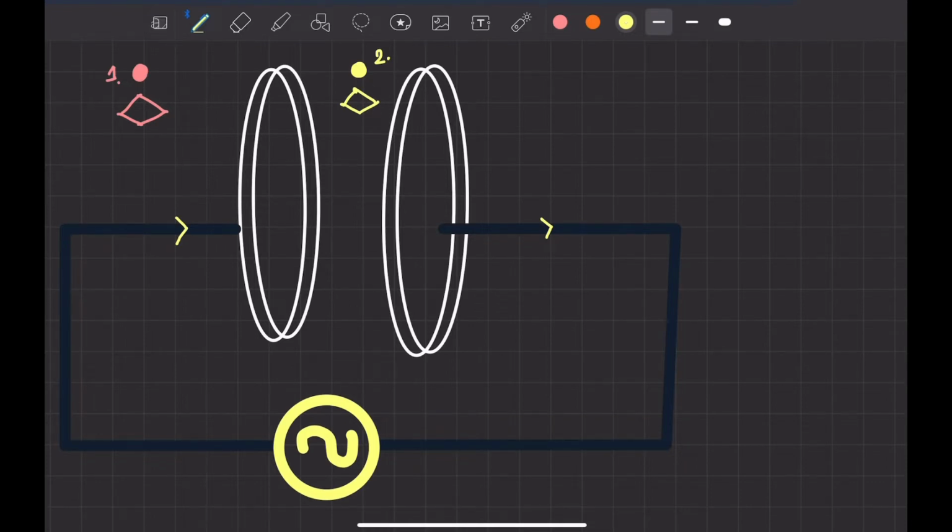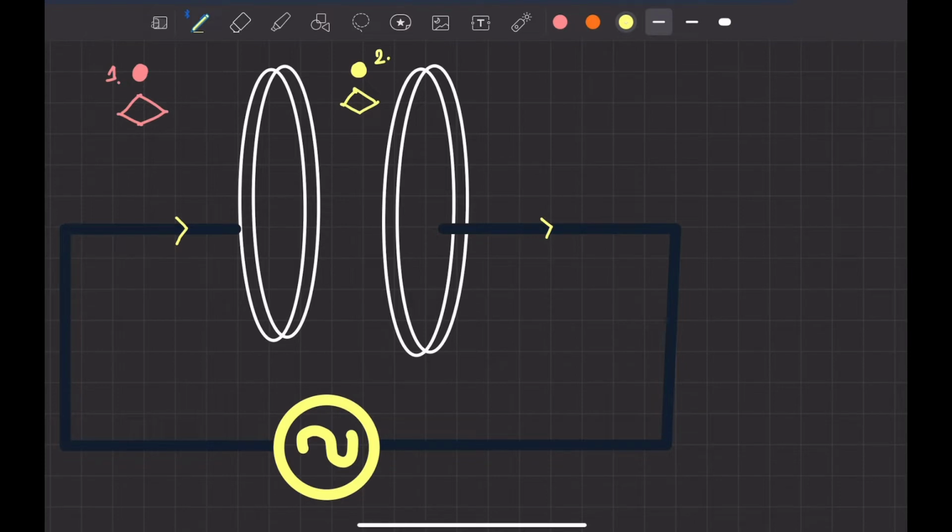That means that when you place a tiny movable magnet at point 1, it will deflect at a particular angle, and if you place another magnet at point 2, it will be deflected at almost the same angle. This establishes the fact that there is a magnetic field at point 1, and a similar magnetic field is also present at point 2.